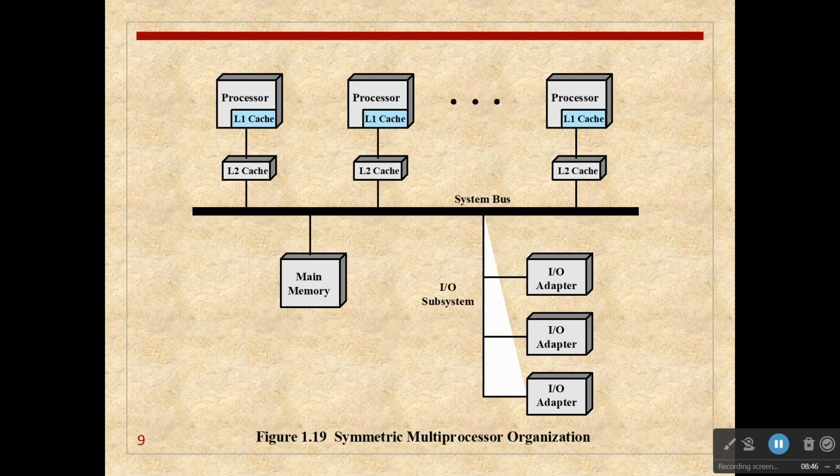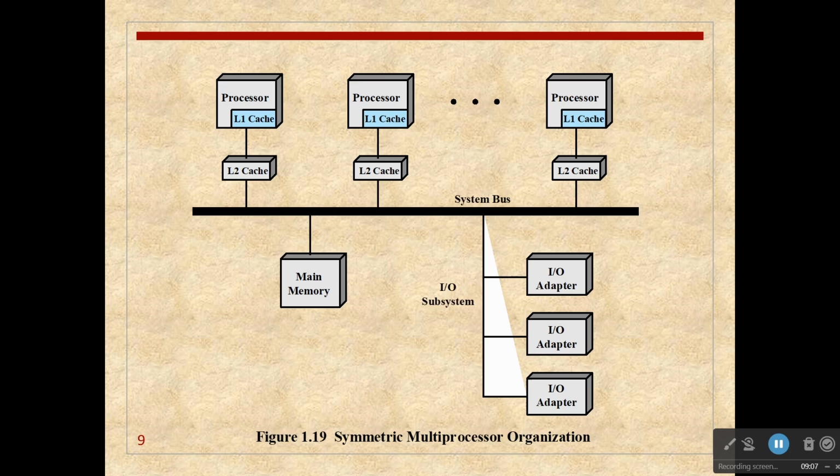The memory is often organized so that multiple simultaneous accesses to separate blocks of memory are possible. In modern computers, processors generally have at least one level of cache memory that is private to the processor. This use of cache introduces some new design considerations.